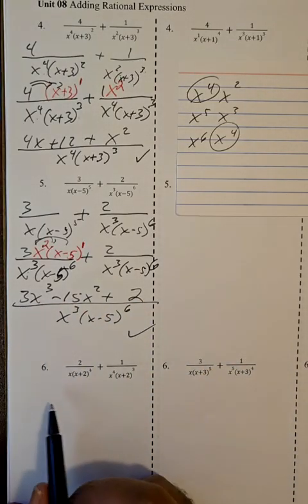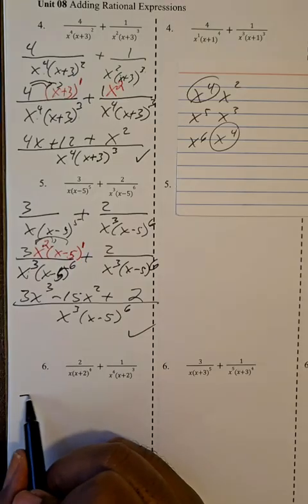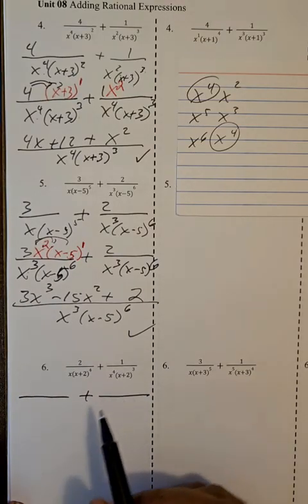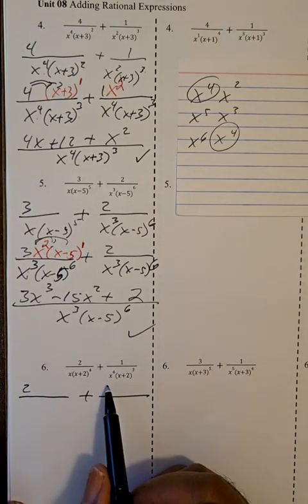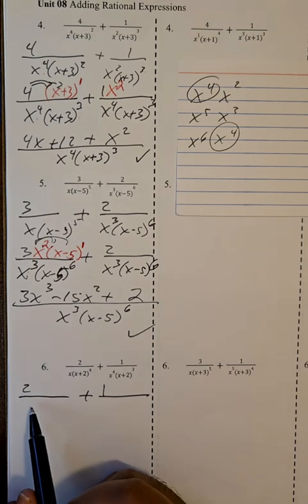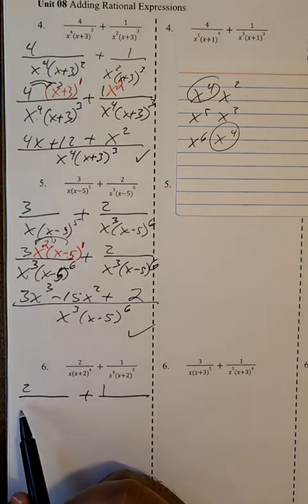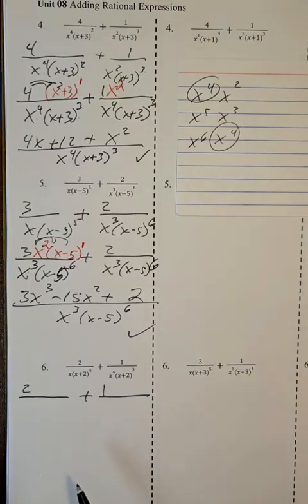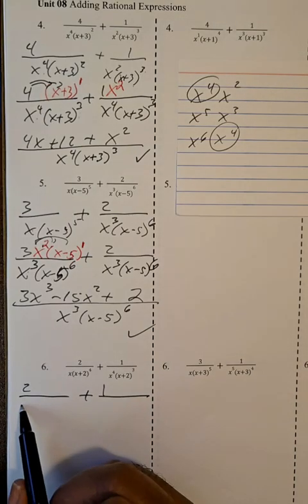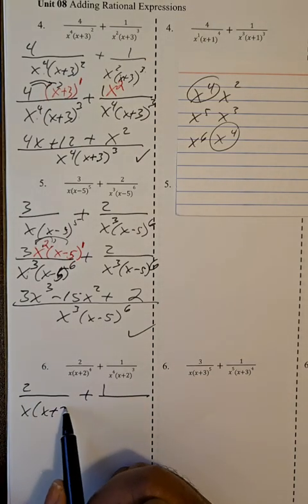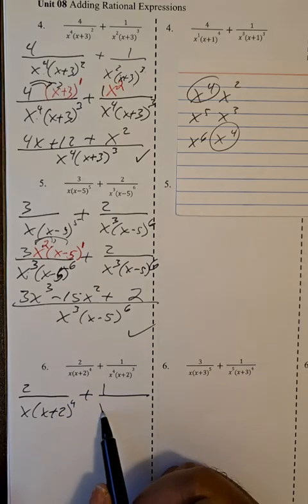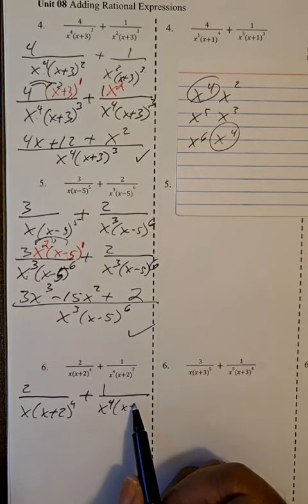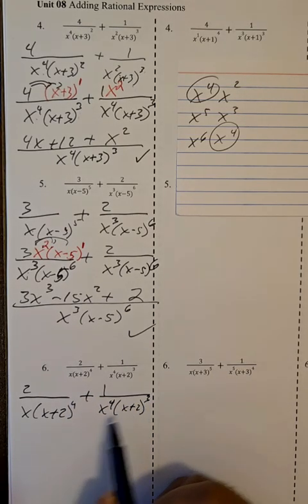Okay, next. We have these two expressions, and we have a 2, a 1, and let's see here. We can go ahead and start finding the common. Well, no, I'll just write the problem out. So you gotta see what we're dealing with. x to the 4th, x plus 2 to the third.